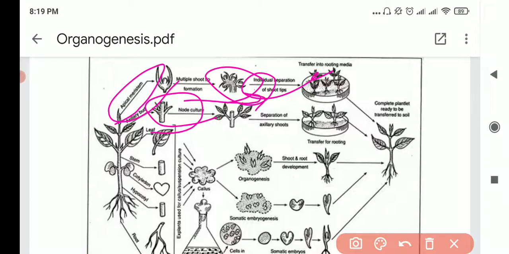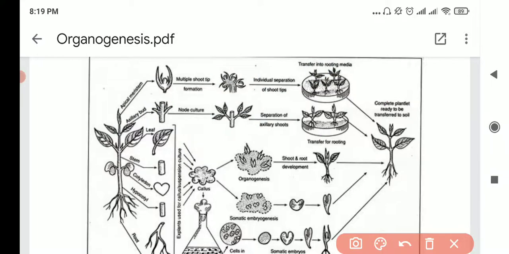Here, how should I say? What I mean is, for the shoot and the stem, you can culture them on solid media, and for the rest, you can culture them on liquid medium. Let me tell you what it means. Suppose you have cut small tissues, small cells, no?